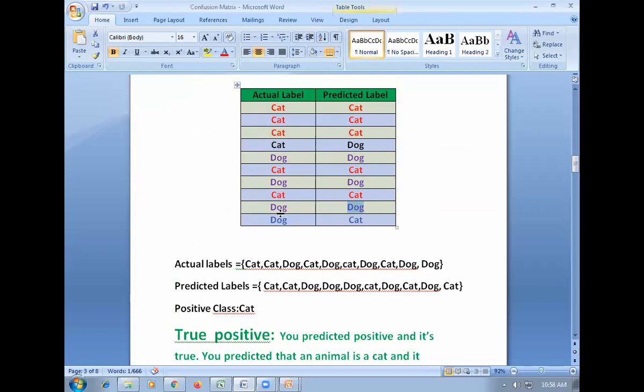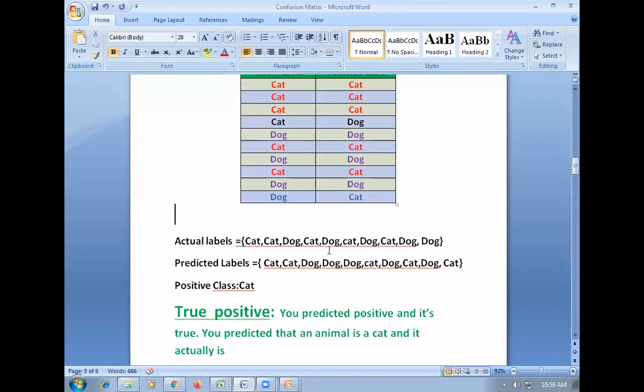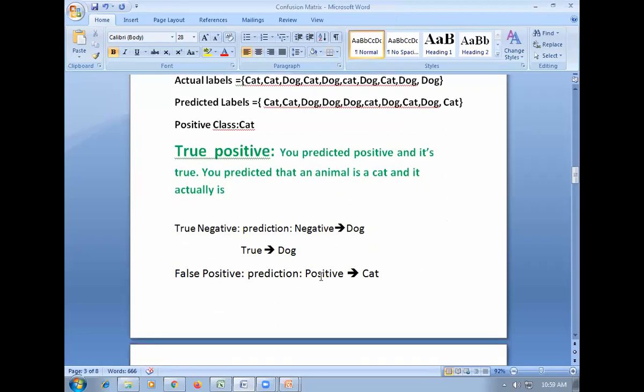And when it is true, how many times is it true? First, it is cat, so it is false. Second, it is dog, so we can count this as 1. Then next, here dog is predicted and the actual value is dog, so we can count this: 1 plus 1, 2, and it is 3. So the true negative value is 3.